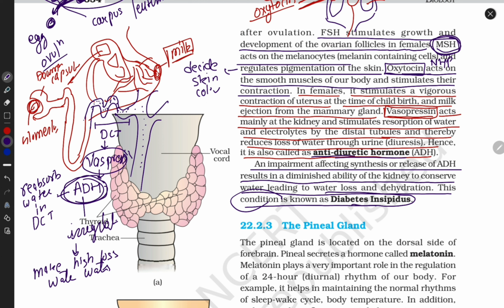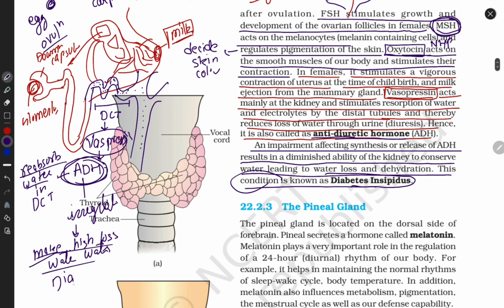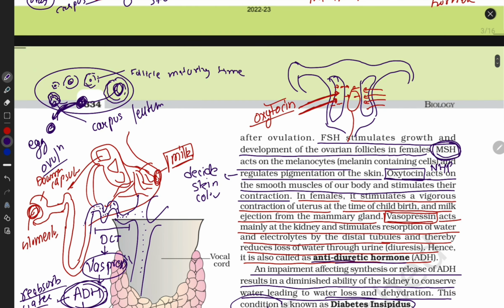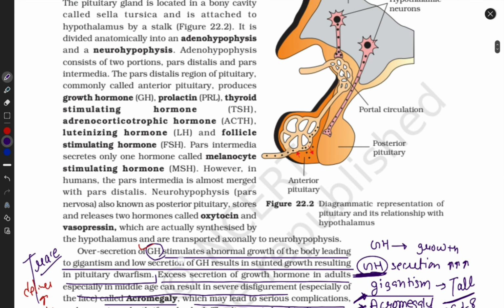They lose their ability to reabsorb water, and this severe condition is called diabetes insipidus. So this is all about the pituitary gland.